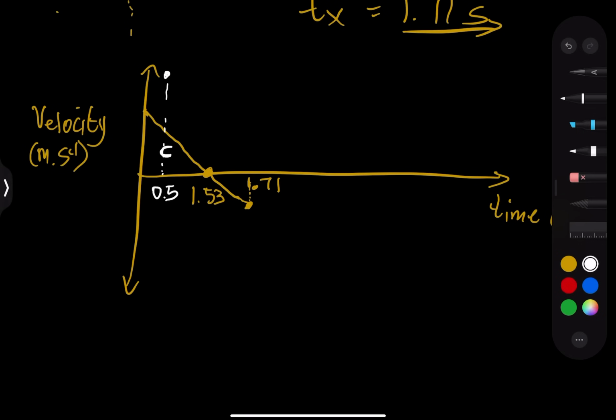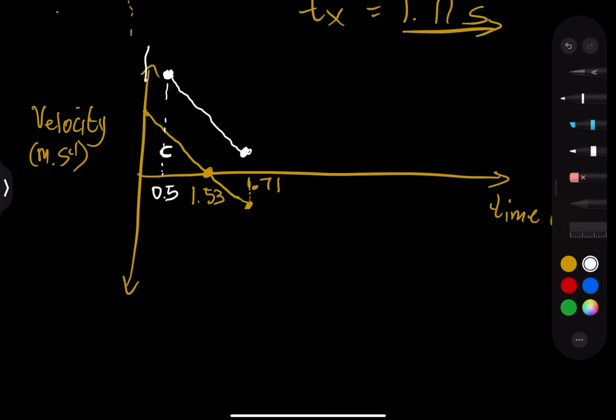And what's going to happen? It's going to decrease in velocity. Now, I want you to note that it's also going to end somewhere. So this would be the graph. Sorry for those wobbly hands there. Those are the two graphs. It's going to end at 1.71, and that is how our graph is going to look.